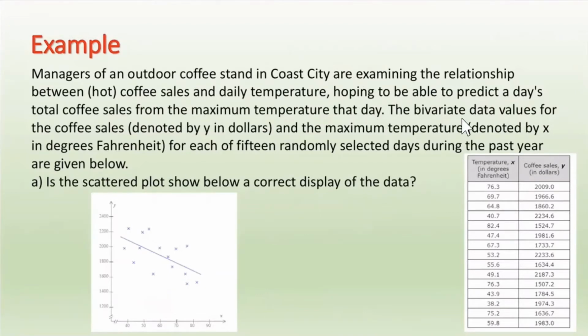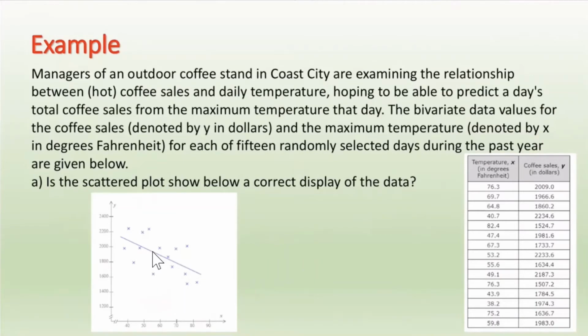When I say bivariate data, that is data with X and Y as 2 variables. The coffee sales amount in dollars is here, and the maximum temperature X in Fahrenheit for 15 randomly selected days during the past year is listed here. So this is the data given to you.